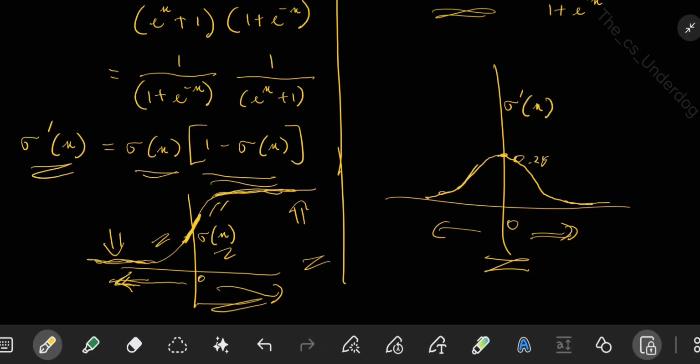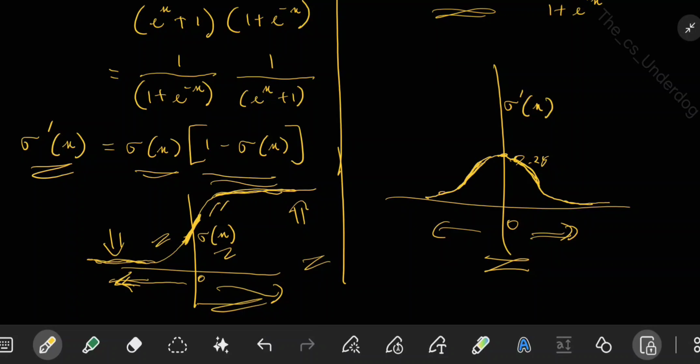Learning is the same on both sides, because of which it is a good activation function. On either side you have the same magnitude of learning, irrespective of the direction, plus your learning will be maximum here. Okay, so this is what you have to understand about the sigmoid function.